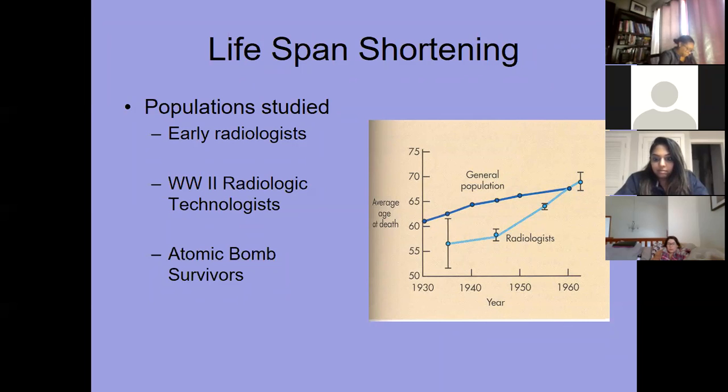And they survey every 5 to 10 years to look at what health concerns they have. And what they've determined is that current technologists typically are healthier than the general population. They also looked at the atomic bomb survivors to look at shortened lifespan. And the evidence has been inconclusive.